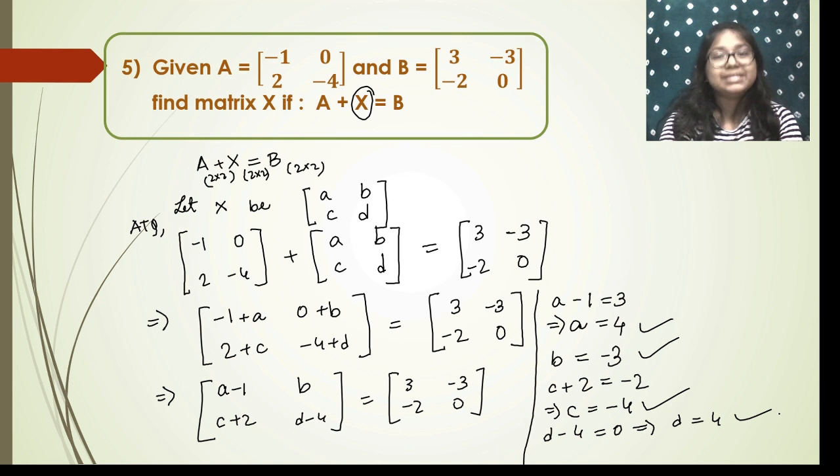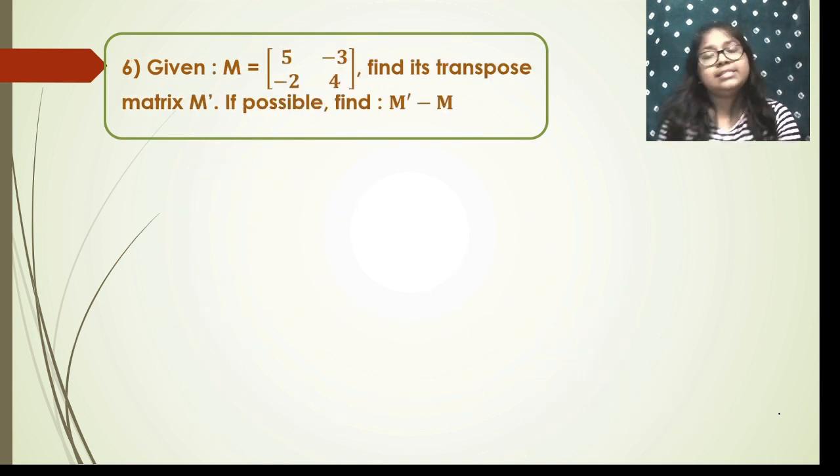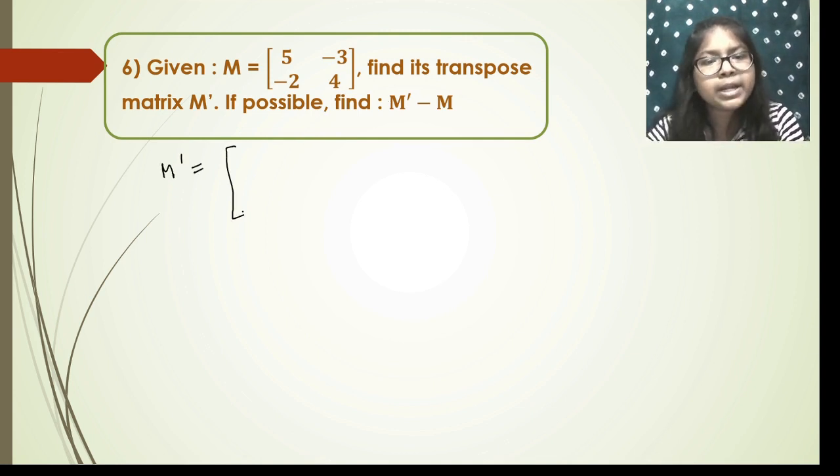Moving to problem number 6, and this is the last problem of today's video. Given M equals to 5, minus 3, minus 2, 4. Find its transpose. If possible, find M transpose minus M. So what will be the transpose? In case of transpose, what happens?